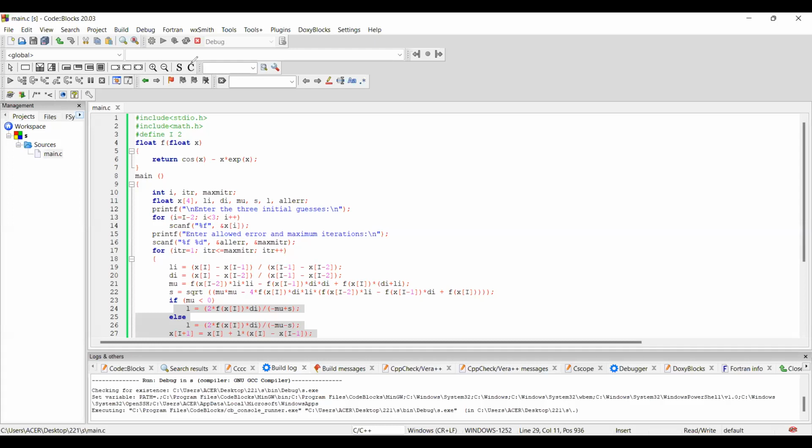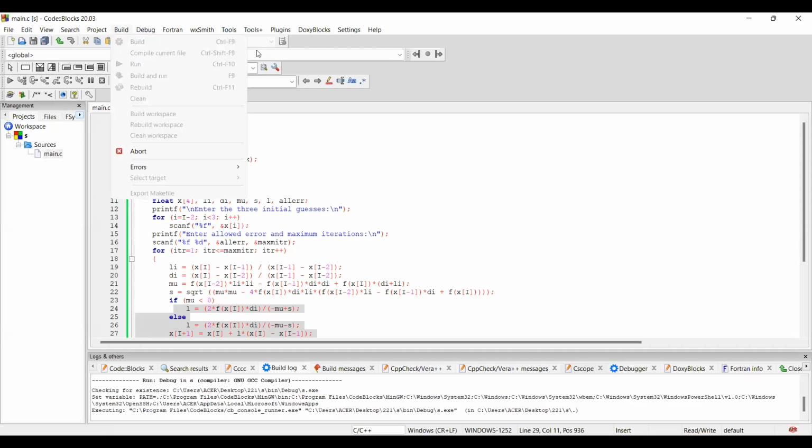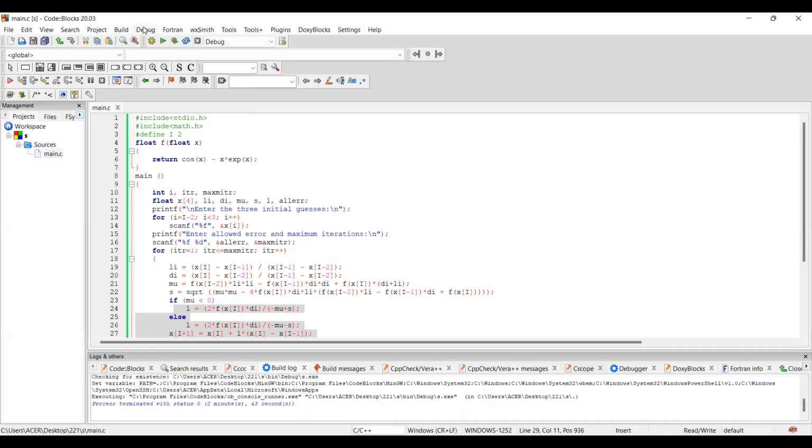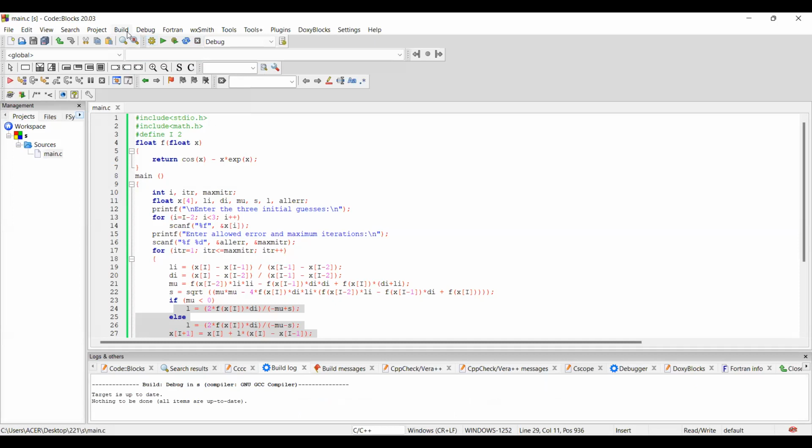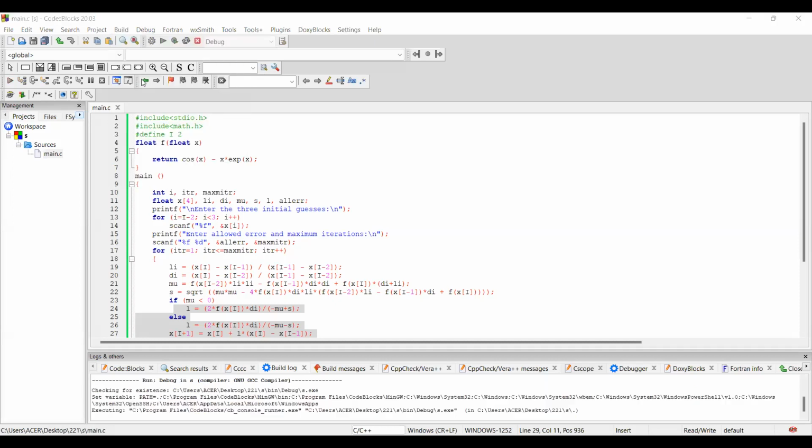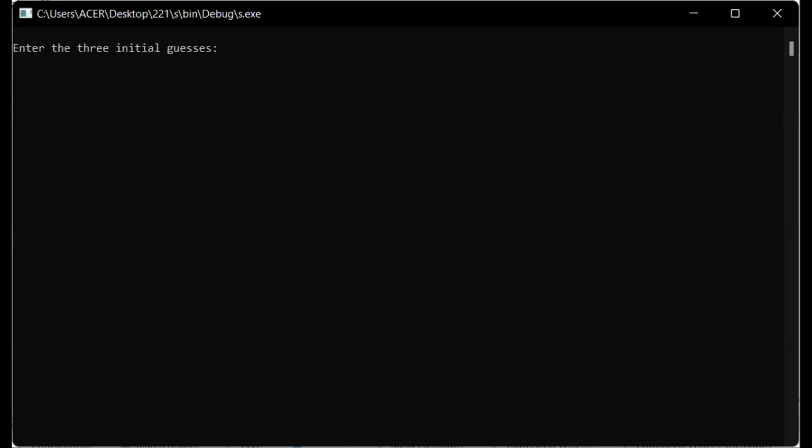Let's build and run this program. So enter the three initial guesses. According to the sample problem, the initial guesses are 0, -1, and 1.